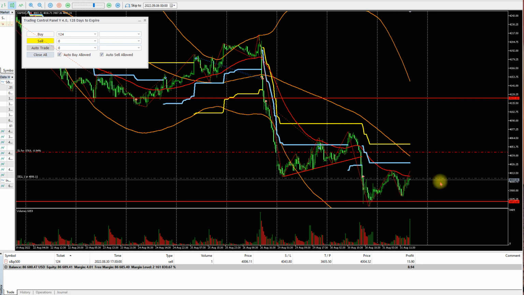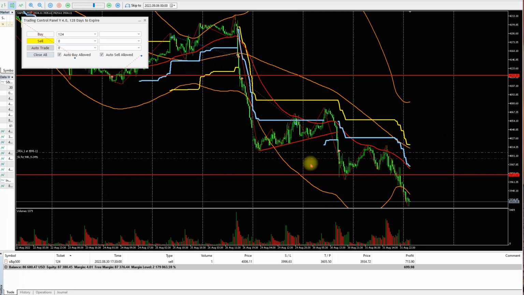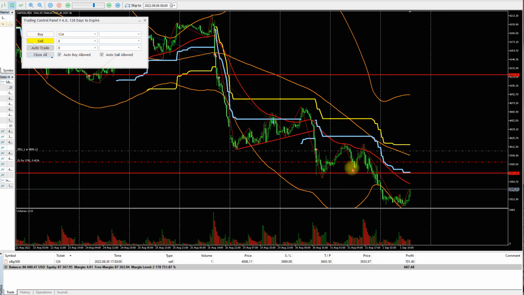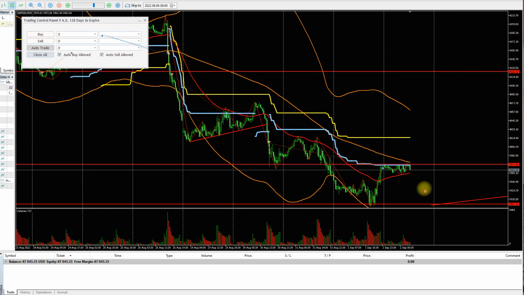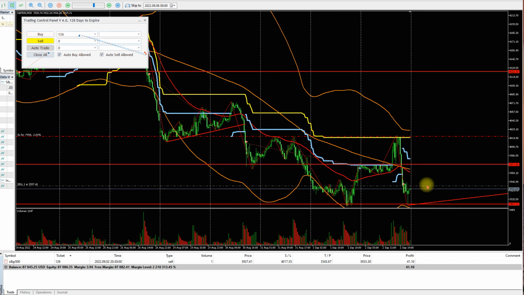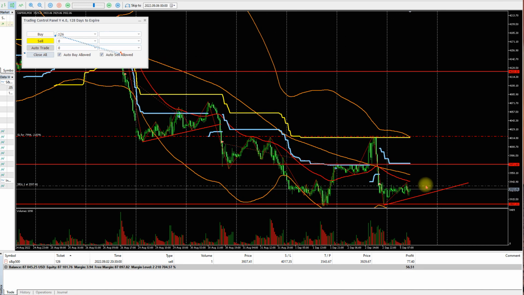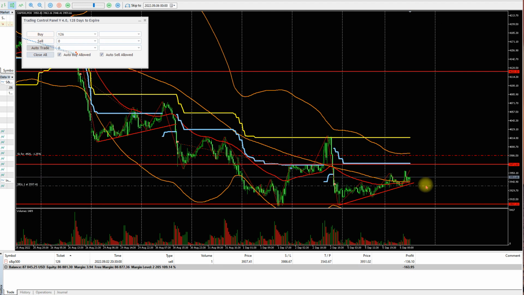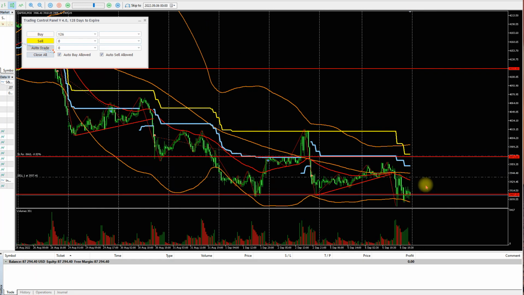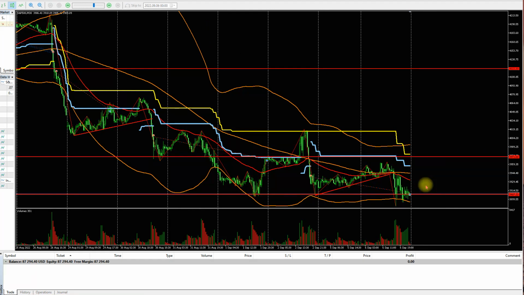Only when the price is in a very narrow range consolidation will the system start losing money, because there's actually no outcome. You can only make money on the market if the price moves. And that's it.